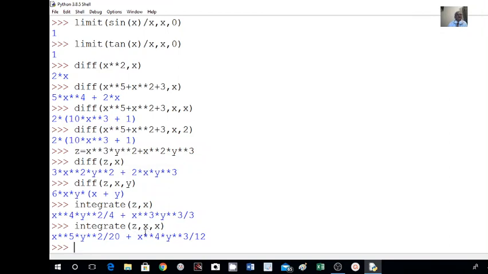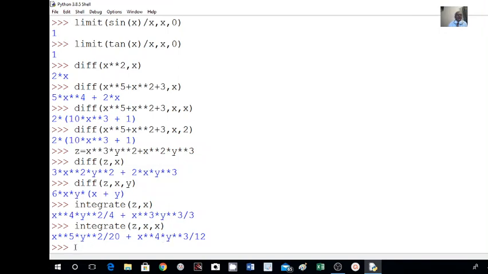Again if I integrate with respect to x, x to the power of 5 by 5, so with 4 here this will become 20, and y square as it is, plus x cube integration, x to the power of 4 by 4, 4 into 3 is 12, into y cube as it is.